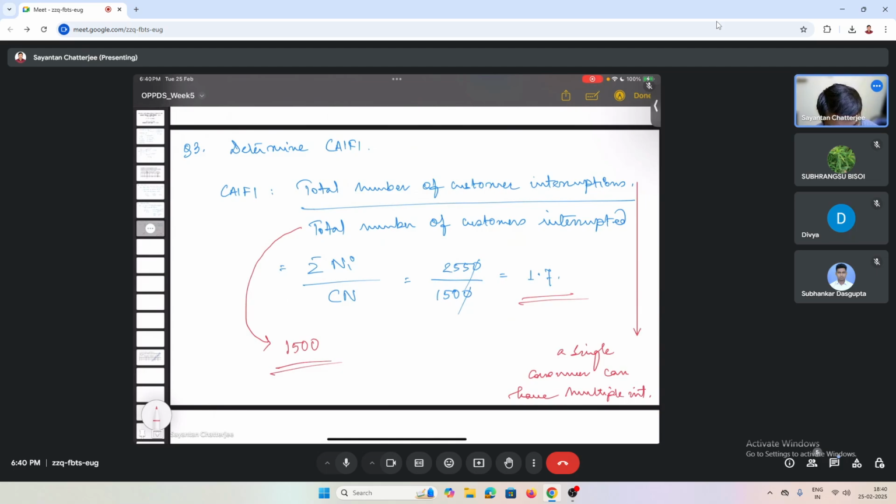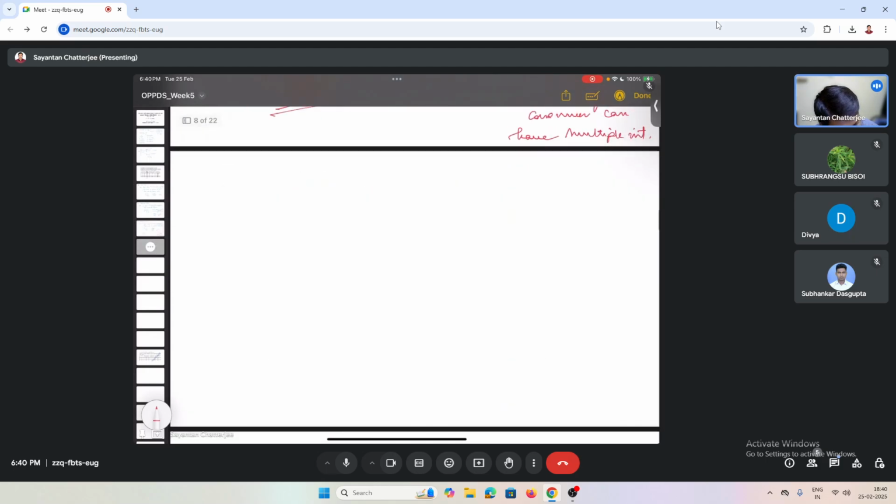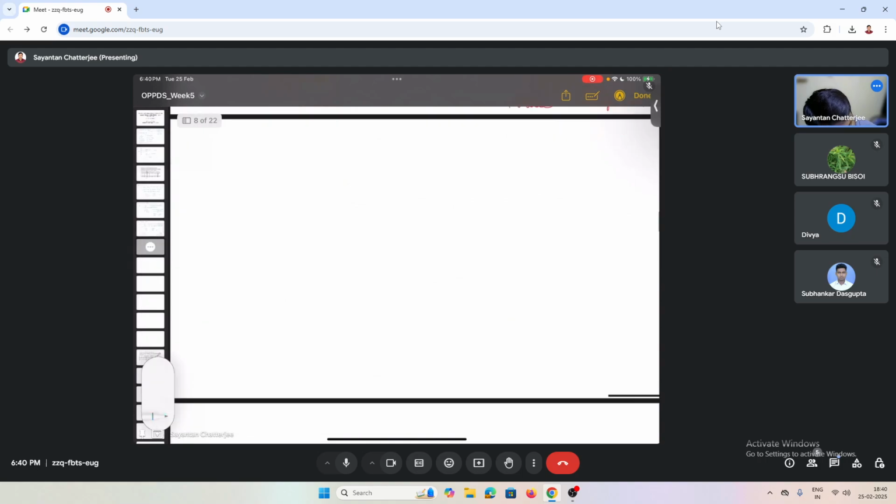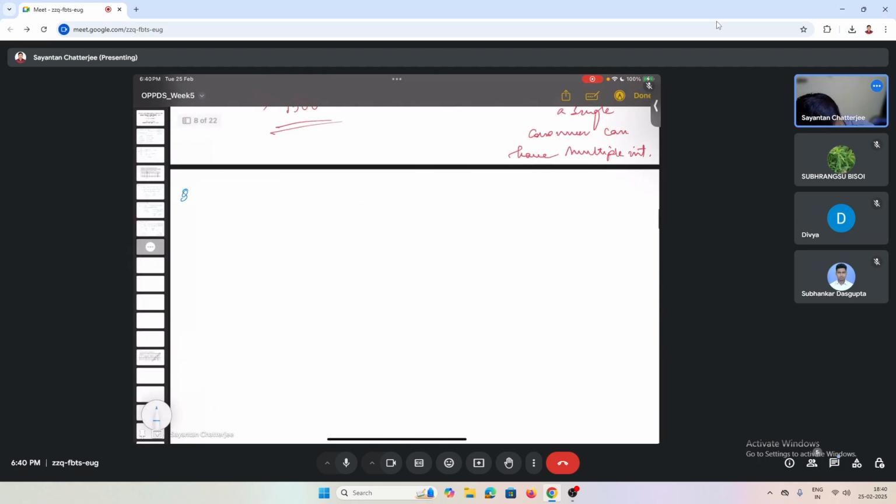Okay. So next is determine KAIFI. Again, this will be a similar type of framework, but the customer interruption duration needs to be taken into consideration.